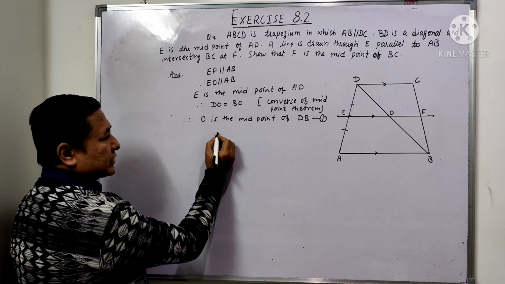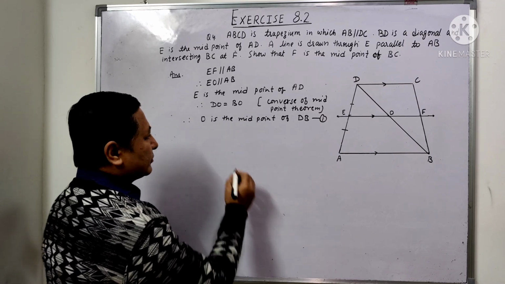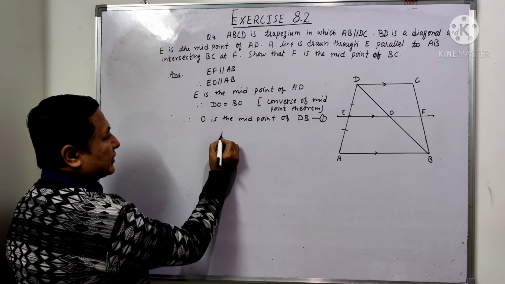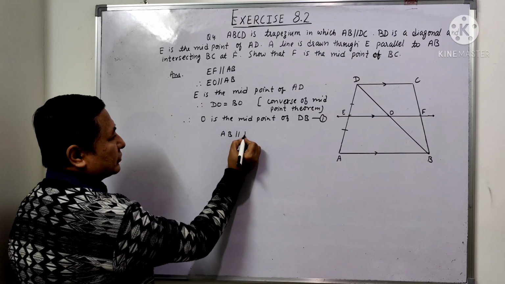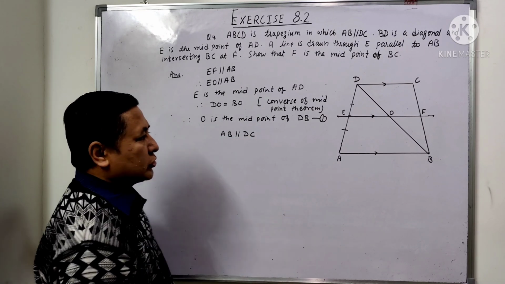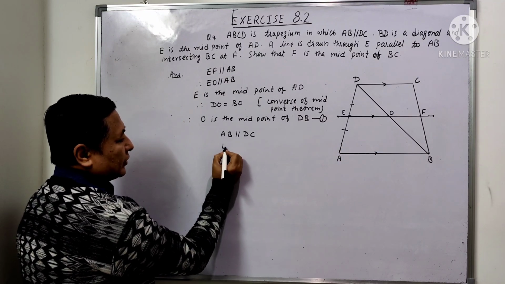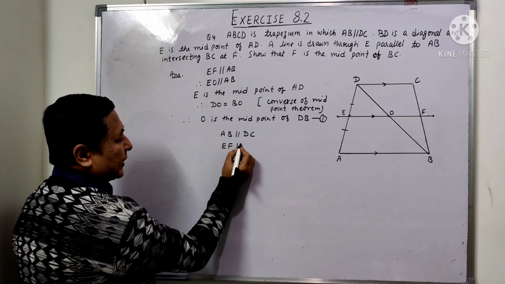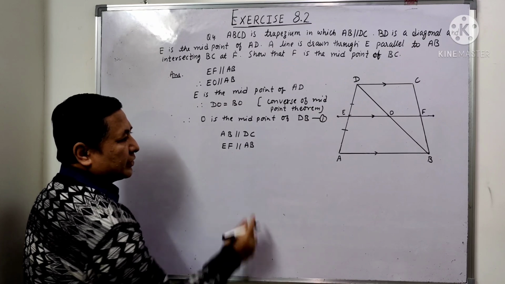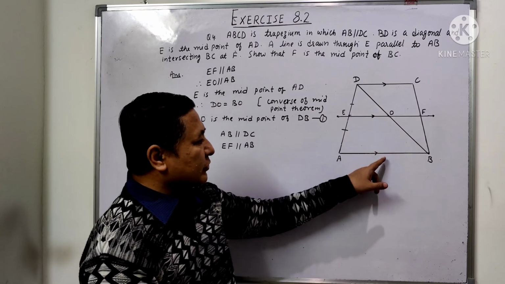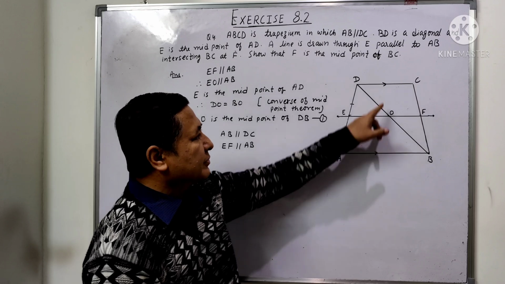Now in the question it is given that ABCD is a trapezium. So AB will be parallel to DC. Also EF is parallel to AB. So now this EF is parallel to AB and AB is parallel to DC.